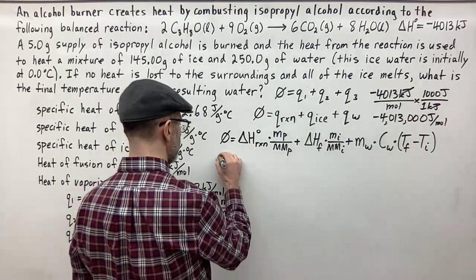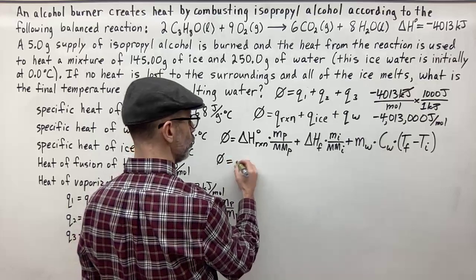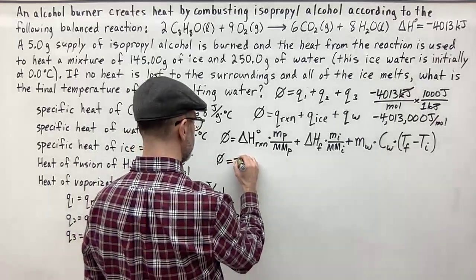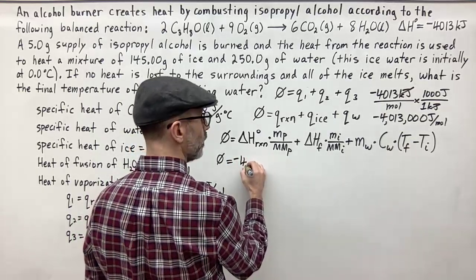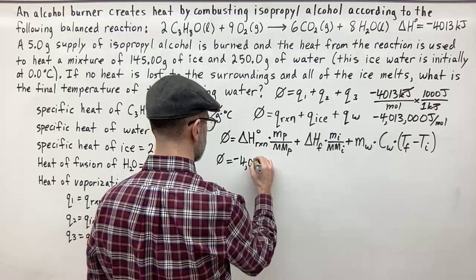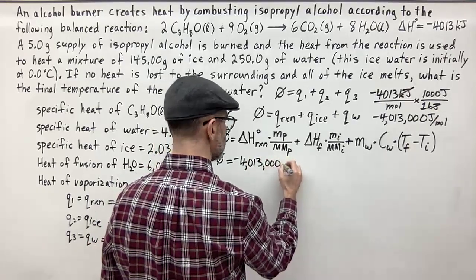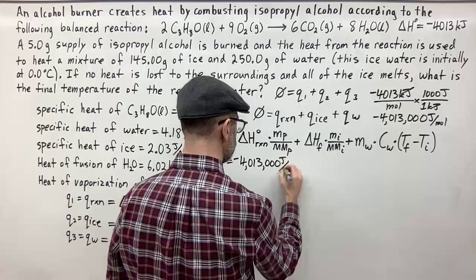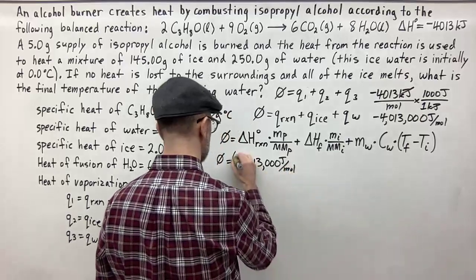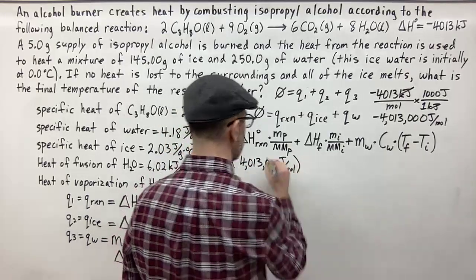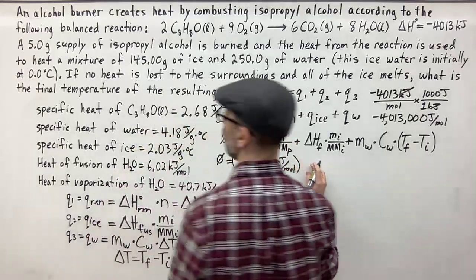Okay, so let's put that in. So this is going to be 0 is equal to negative 4,013,000 joules per mole, multiplied by the mass of the isopropyl alcohol.